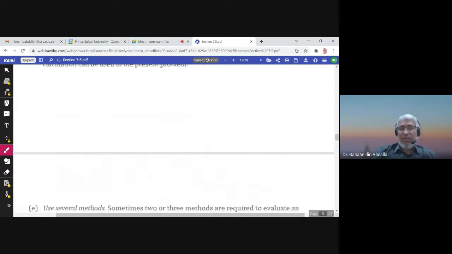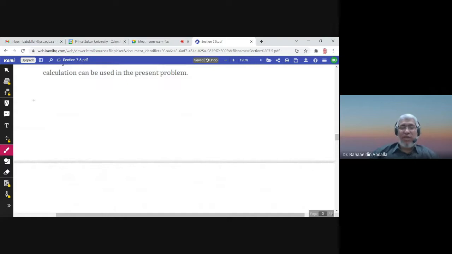For example, let us talk about the integration of x square root of x minus 1. Here we would use substitution u equals x minus 1 if we had the derivative of x minus 1 outside, but we have an x outside here. So substitution is not obvious for this problem.